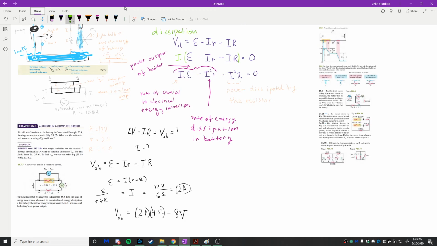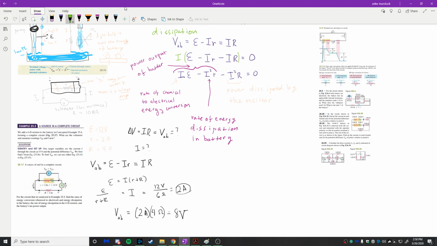It's a weird word, and I know I get a lot of questions about it. It means that is where the energy is going, okay? You have energy that comes out of the battery, and it gets consumed by the resistor, and then it gets converted into like light and heat, basically. Okay, so dissipation just means the rate at which energy is being converted into thermal energy.